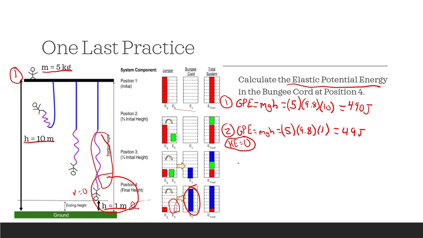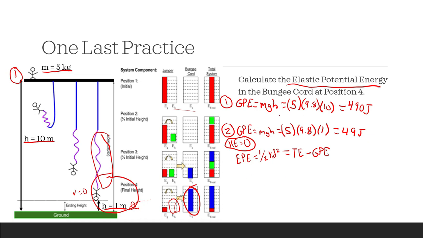Now, our elastic energy, of course, is equal to 1/2 kd squared, but it's also equal to, in this case, our total energy minus our gravitational potential. And that's because if we solve that other formula for elastic potential energy, we just get that as total energy minus gravitational minus kinetic.